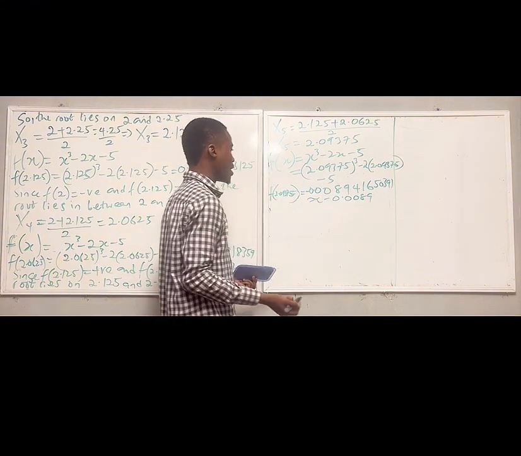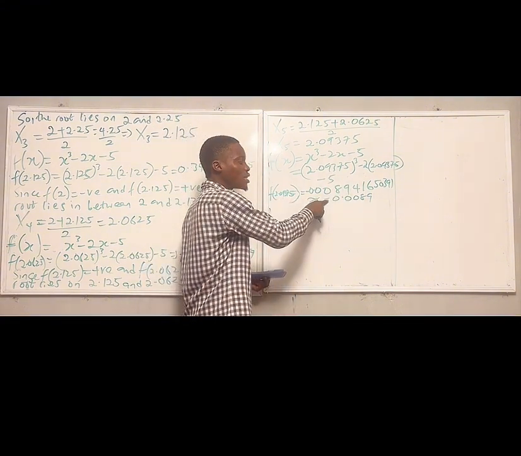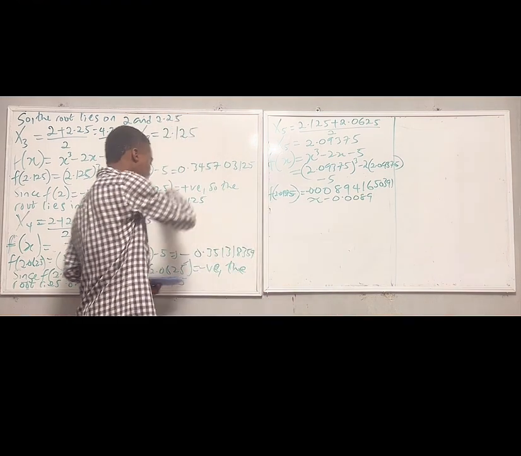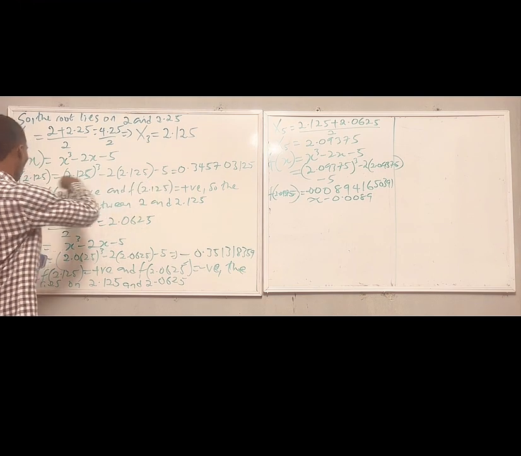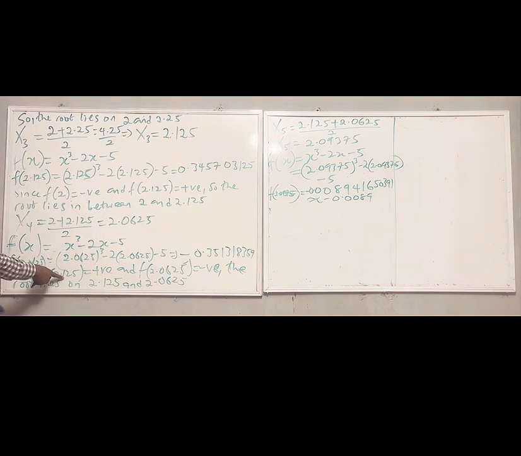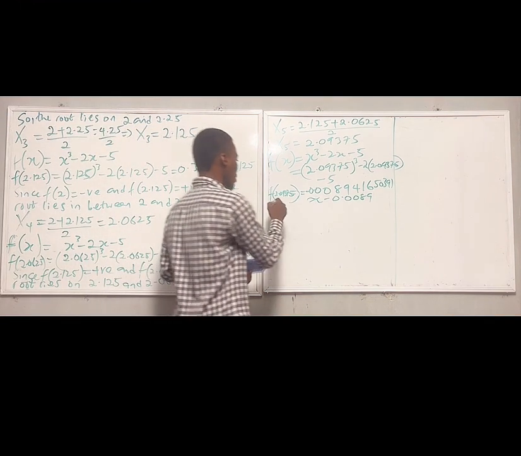So for me to get my x6, since I have negative here, I have to go back to my last positive. You can see that my last positive here is 2.125.